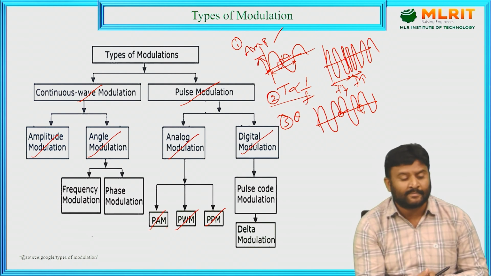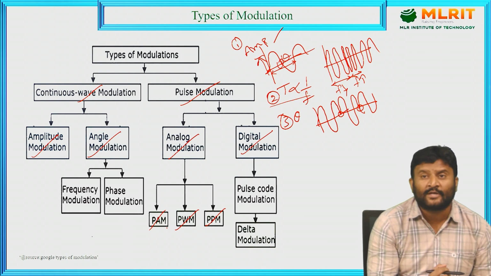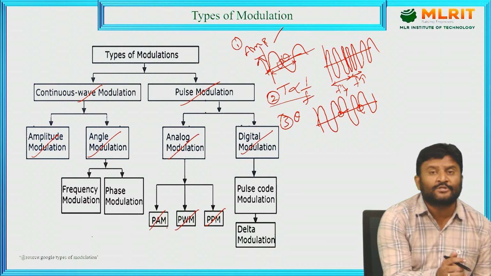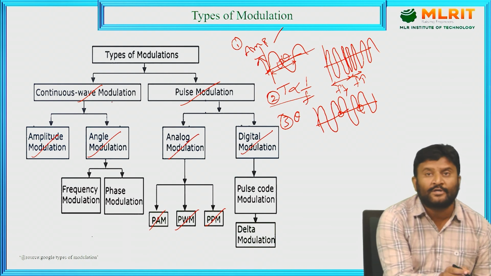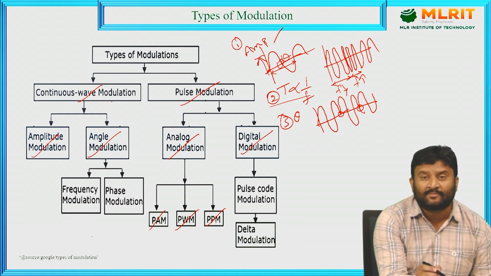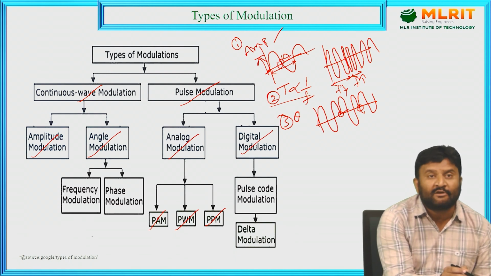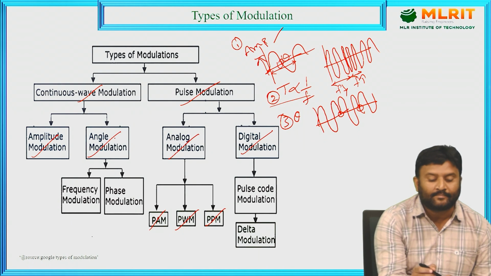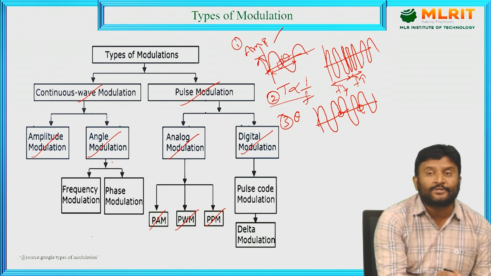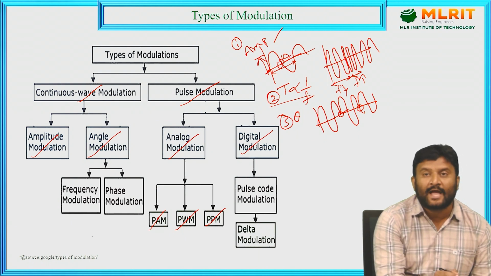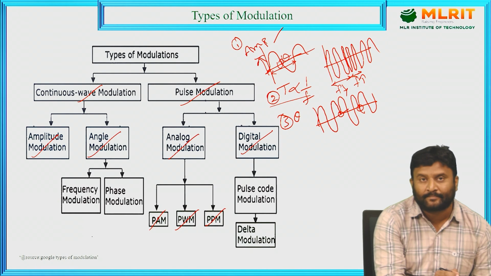Therefore, once again observe the types of modulation. The types of modulation are continuous wave modulation and, second, pulse modulation. Again, continuous wave modulation can be amplitude modulation and angle modulation, and angle modulation can be frequency modulation as well as phase modulation.